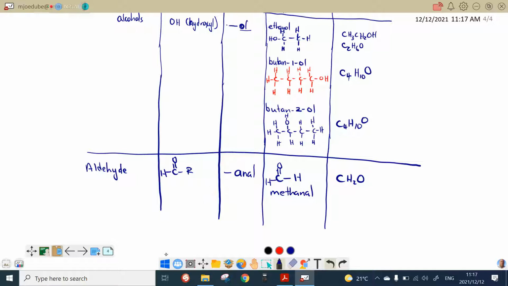And then the other example that we can give is this. You've got a C, and then another C, and then O, and then an H. Count 1, 2, 3, 4, and then 1, 2, 3, 4. And this here, again, it's two carbons, so it's eth, and then the ending -anal. So it's going to be ethanal.